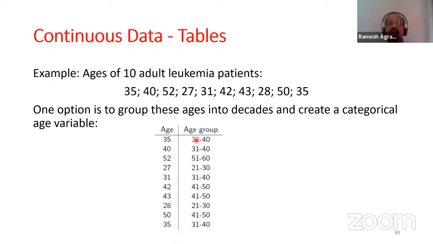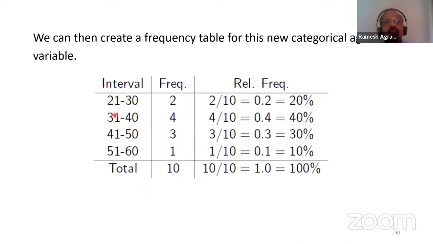In this particular case, we have created groups of size 10. Based on this grouping, in 21 to 30, how many cases are there? Only 2. Then 31 to 40, 41 to 50, 51 to 60.